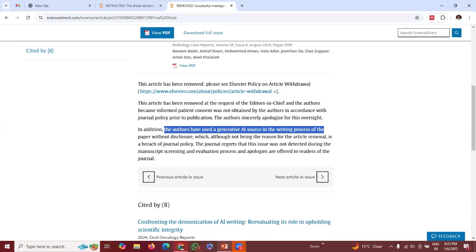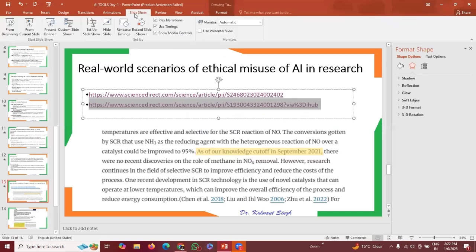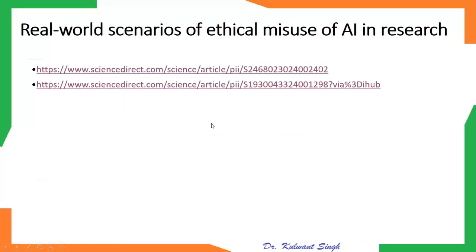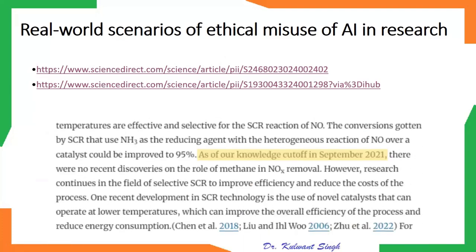There is another example also. I will show you just a minute. These two links we have discussed. Next you can see here, "as of our knowledge cutoff in September 2021." This is a sentence generated by ChatGPT in response to a query, since the ChatGPT database was updated up to September 2021.